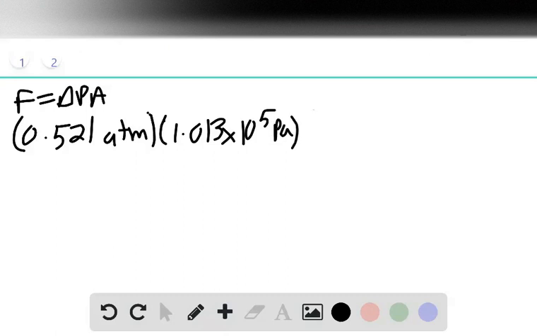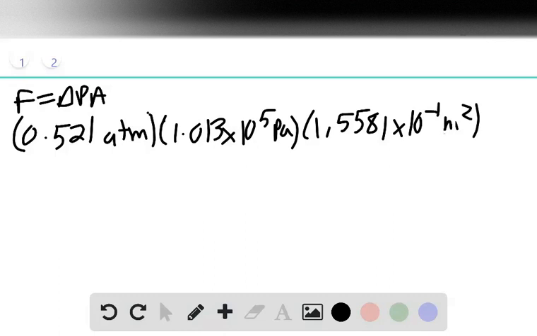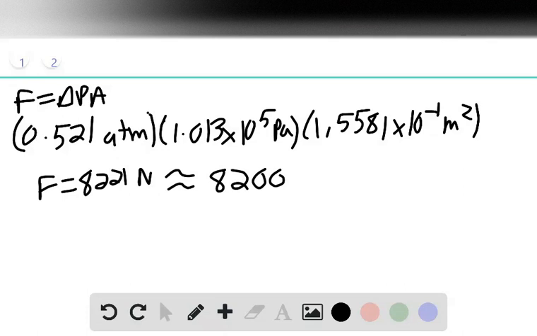And then times the area, which is 1.5581 times 10 to the minus 1 meters squared. Okay, plug that into your calculator and you get F equals 8221 newtons, which we approximate to 8,200 newtons.